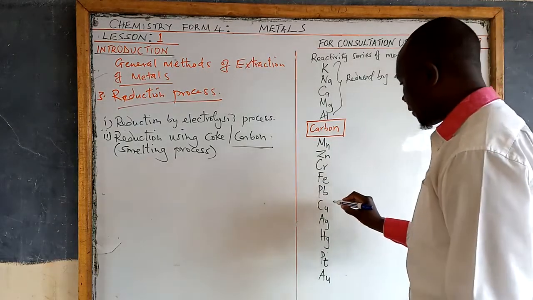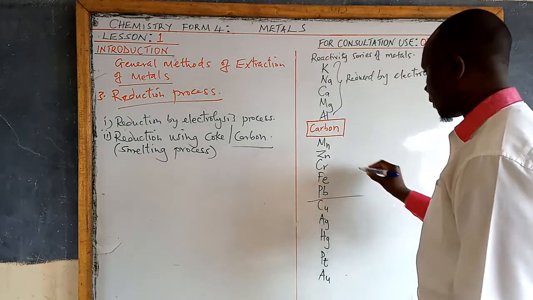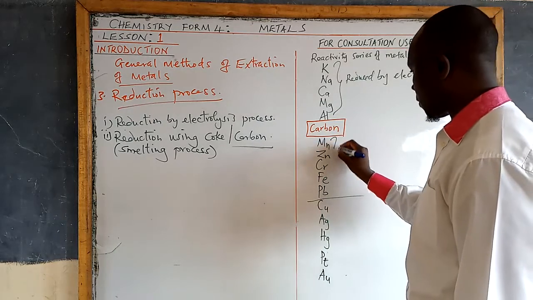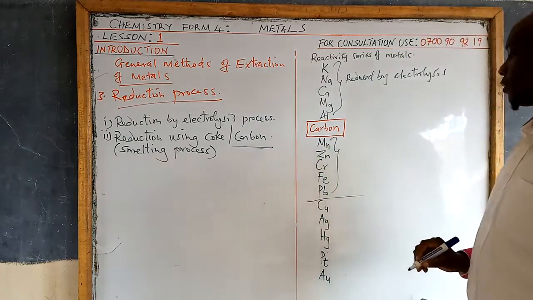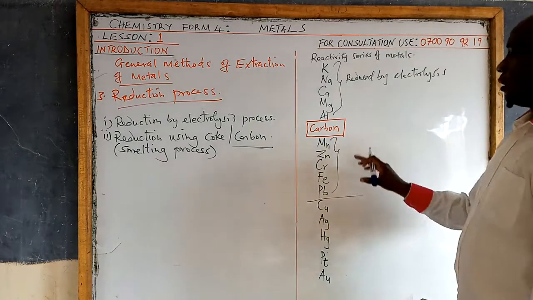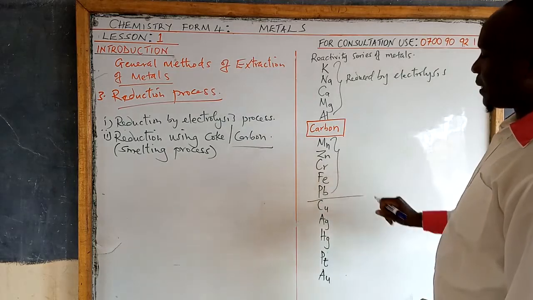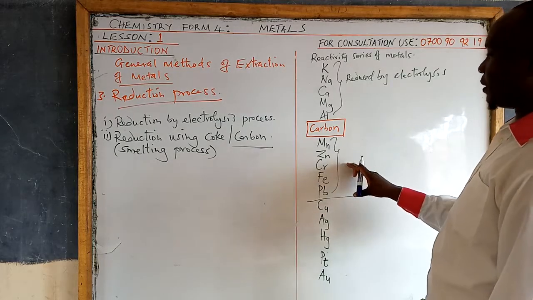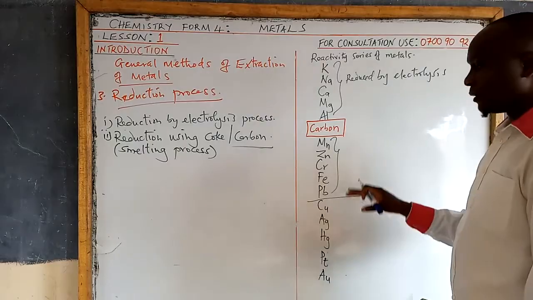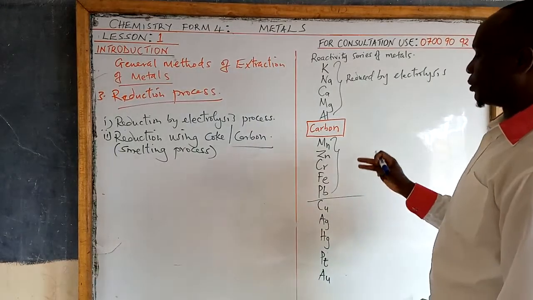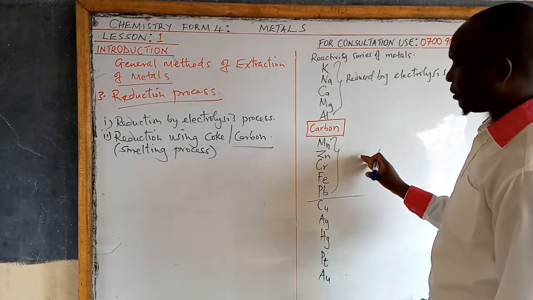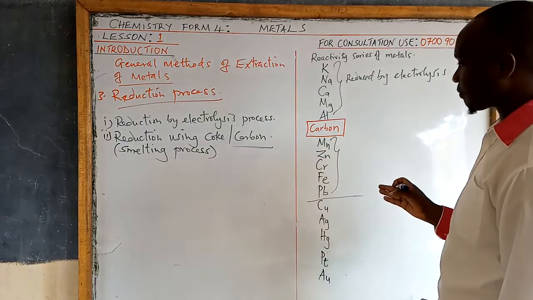And then we have this group of metals. These ones are more moderately reactive. They are usually found combined with other elements, mostly as oxides, carbonates, or sulfides.